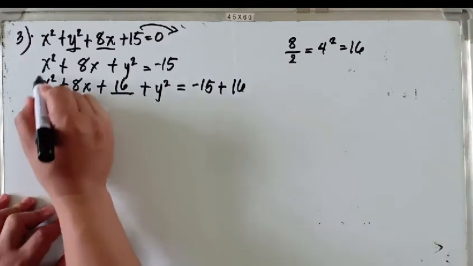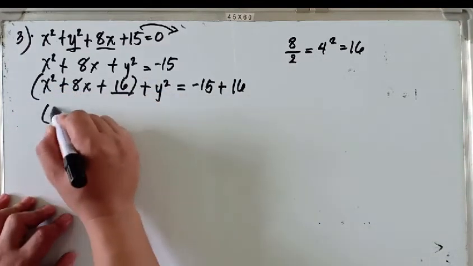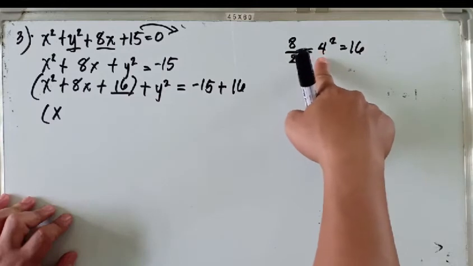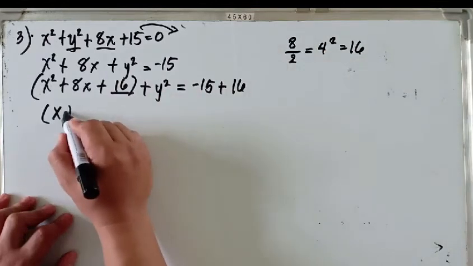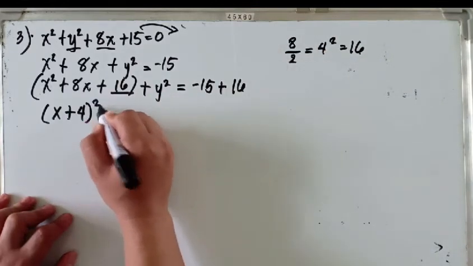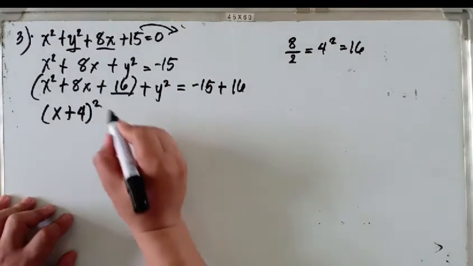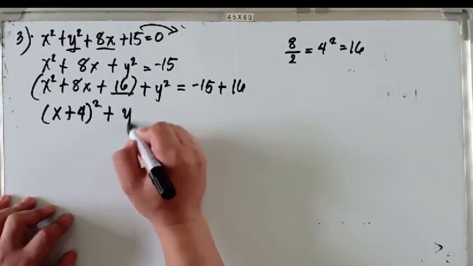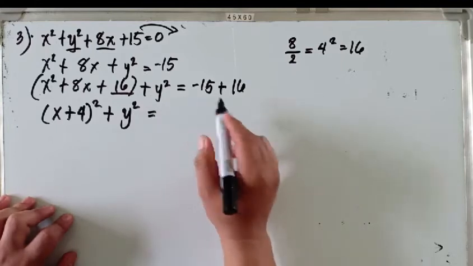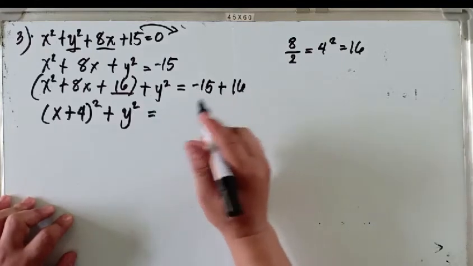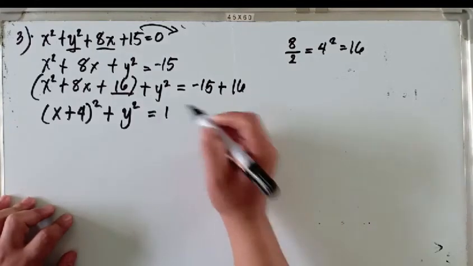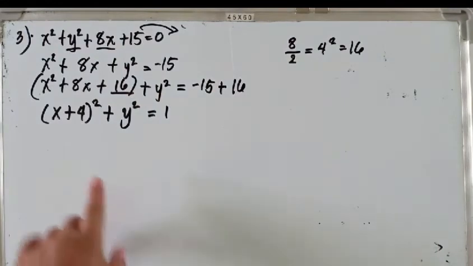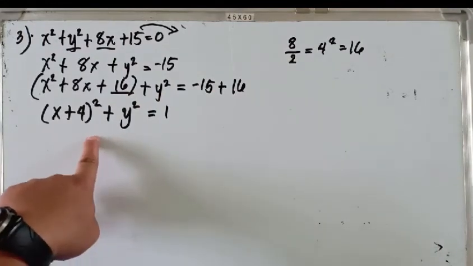Now let's factor this out. This will become (x plus 4) squared, since 8 divided by 2 is 4, plus y squared is equal to, what is negative 15 plus 16? It's positive 1. So we are now in the standard form of the circle.